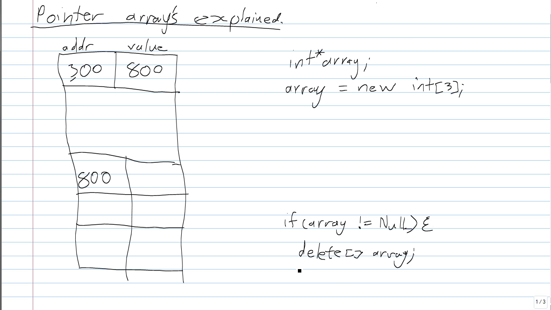Then also set that pointer to null after you've deleted it, so that it will give a clear error when you try to access or do anything with that pointer after it's been deallocated. Okay, so now we've made sure that we don't have any memory leaks.